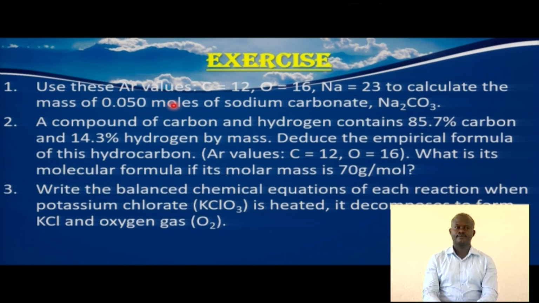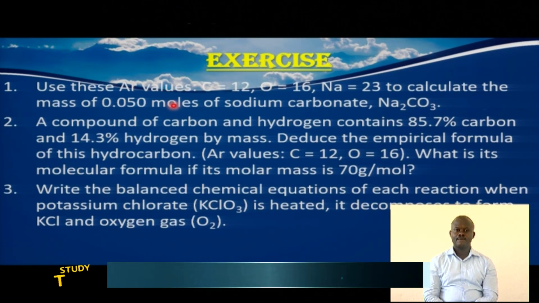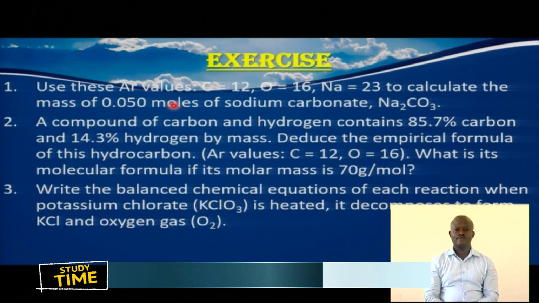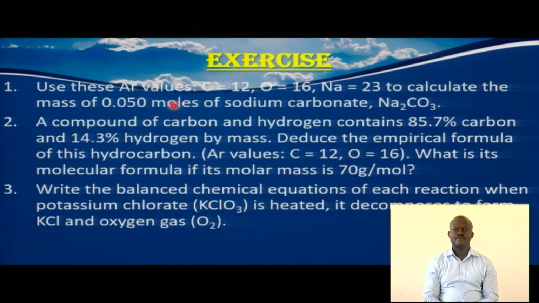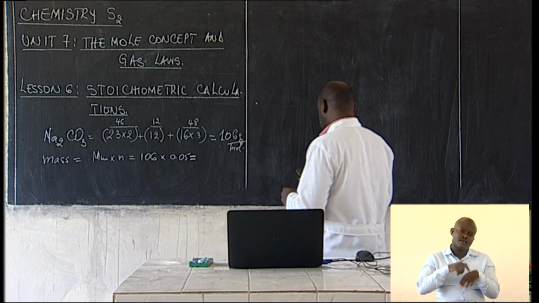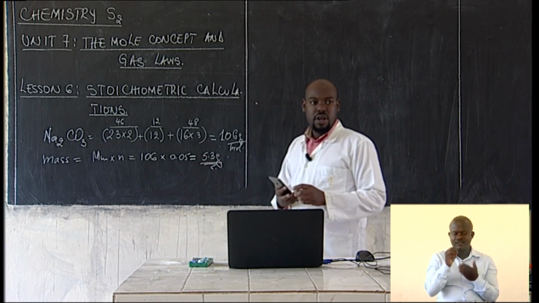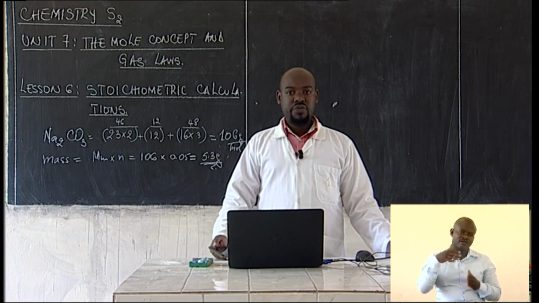Me too, I will use my calculator and give you the right answer. Ready. So we have 0.05 times 106. And what do we get? We get 5.3 grams. So this is the mass of 0.05 moles of sodium carbonate.